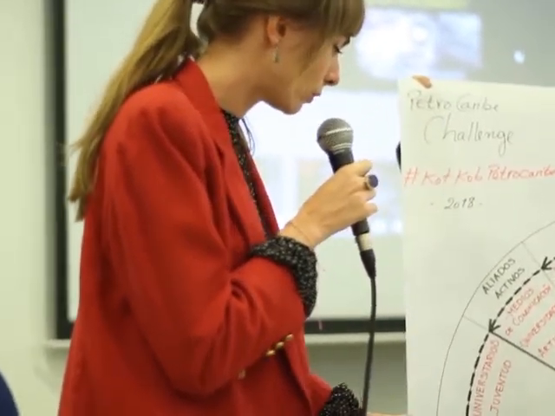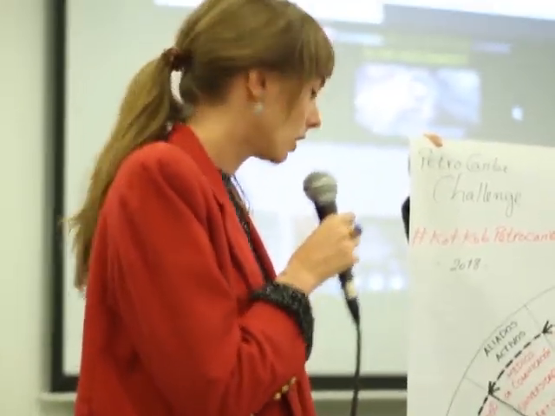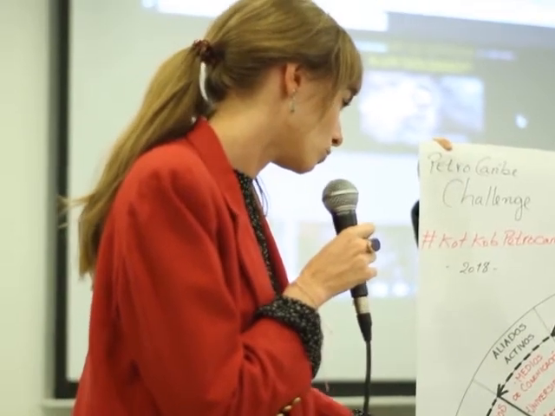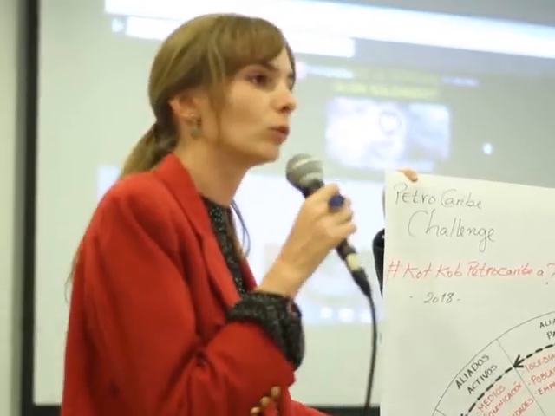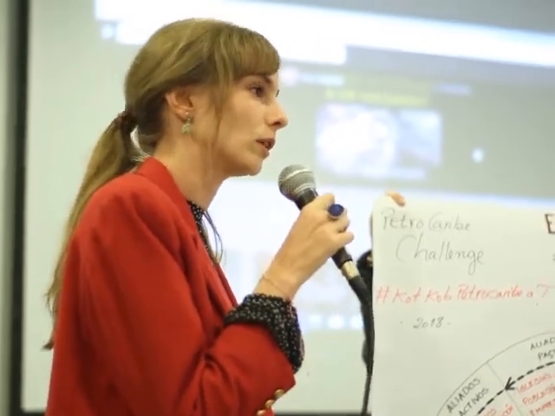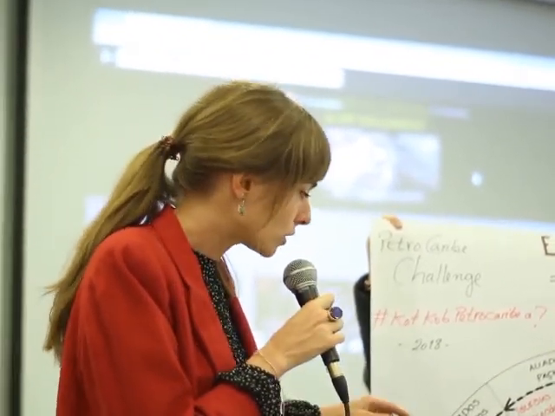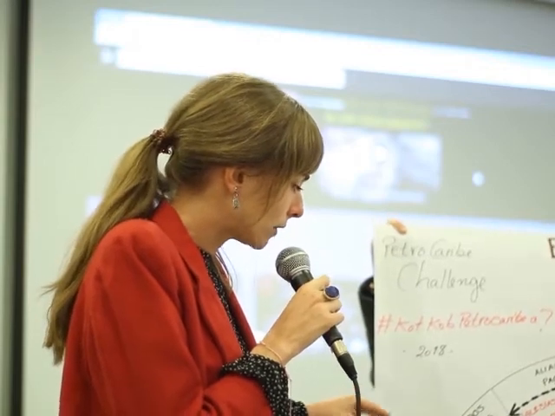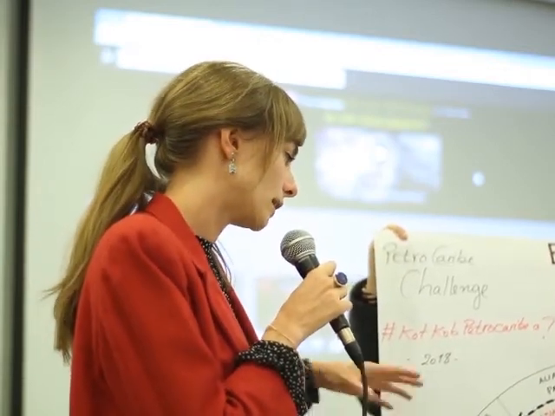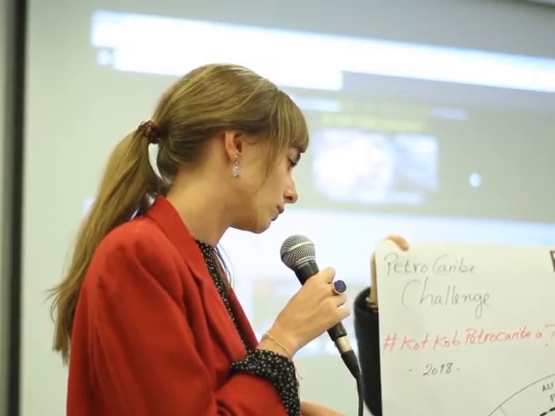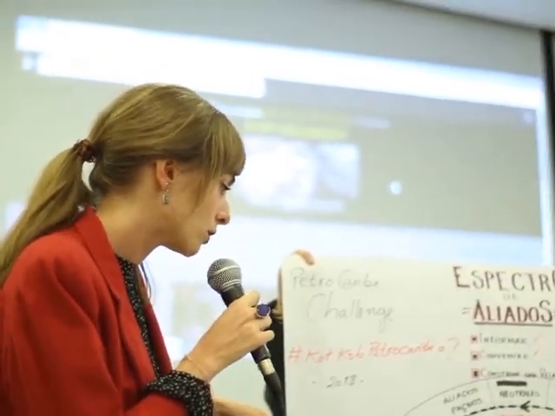Then we have replicated this spectrum with the allied leaders. These are the universities and youth who are the ones who started the movement. So the active allies, which are not the persons that began the movement itself, but are very active in the movement.